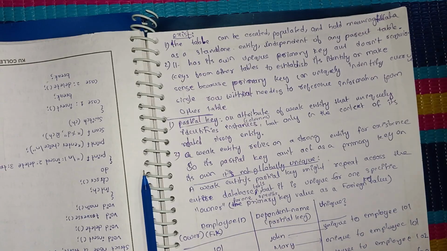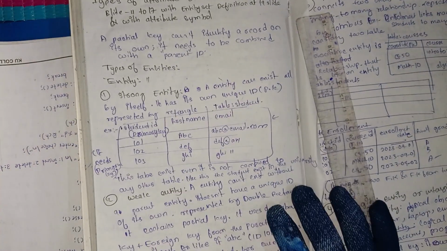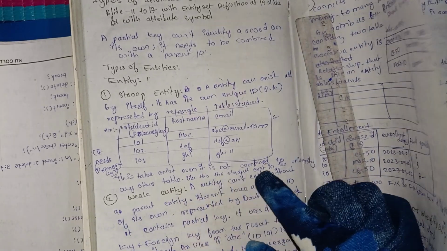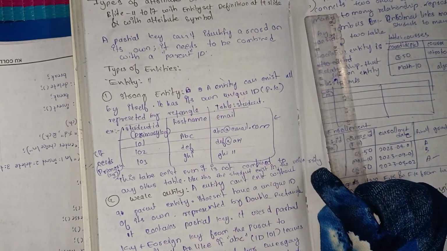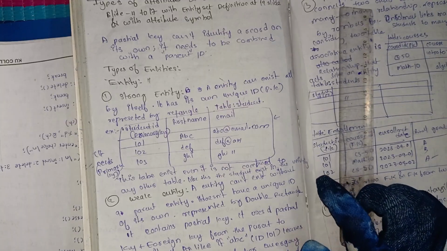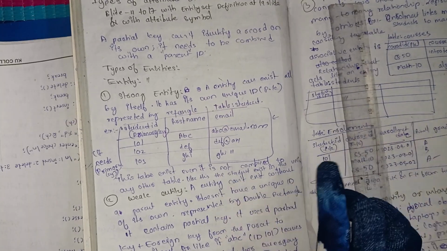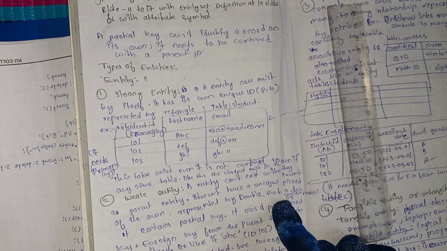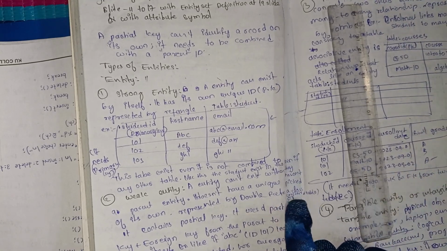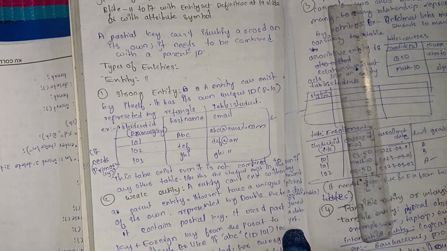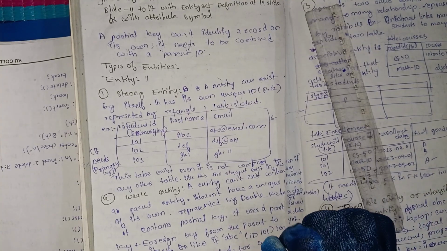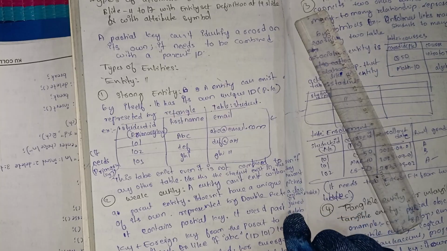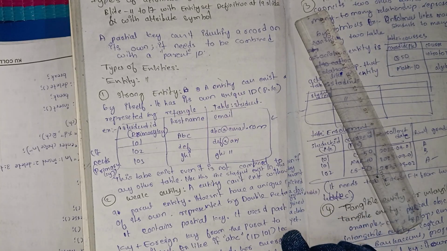For example, a student exists in the university. Student is an entity, even if they haven't picked a class, which is another entity, or joined a club. The student exists in the university even if they haven't picked a class or joined a club.